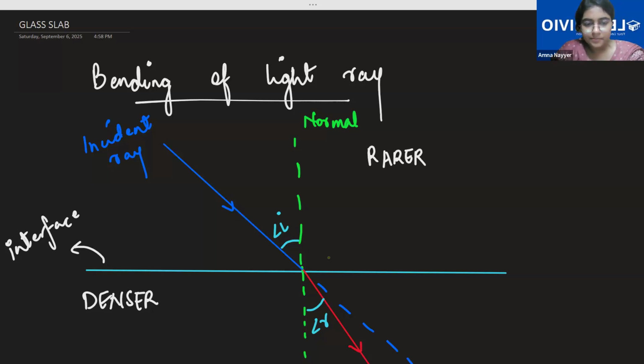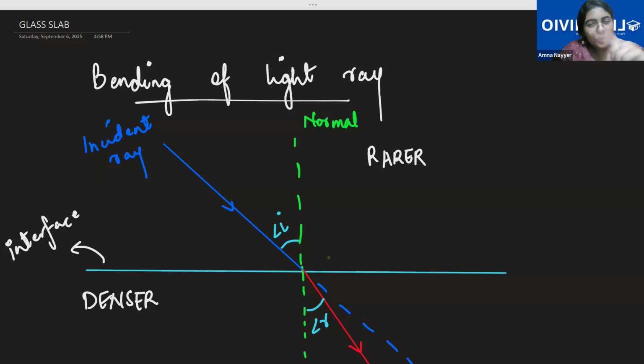Apparent depth is the depth from the surface till where we perceive the coin or the object to be, and the real depth is the actual place where the object is placed. Correct. And shift is the difference between apparent depth and the real depth.